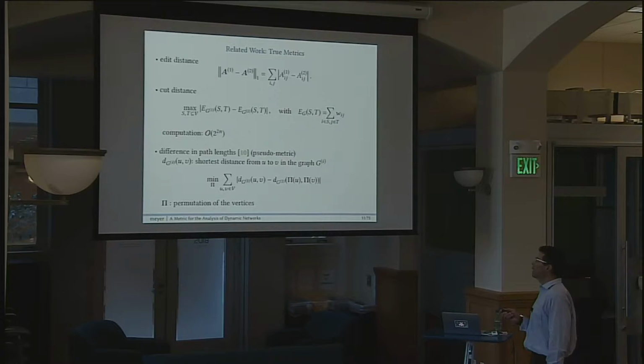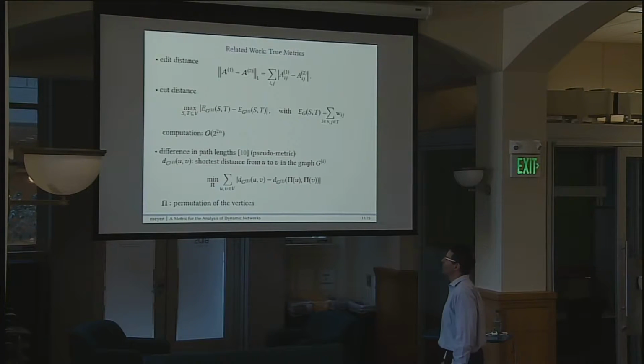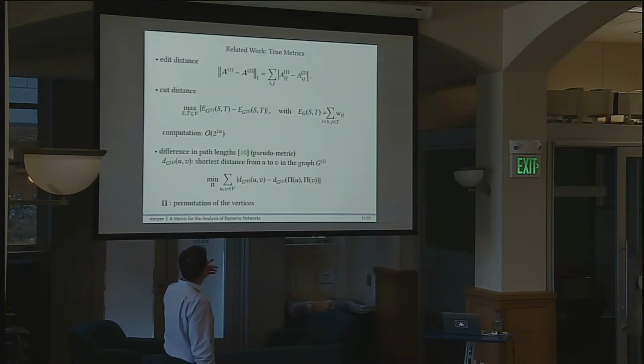So an idea that is going to be very similar to the one that we're going to be talking about is this idea of differences in path lengths. What we're doing here is we're comparing graphs G1 and G2, and the way we do that is by comparing how much time we spend going from one node to another node for any pair of nodes in G1, and the same thing in G2.